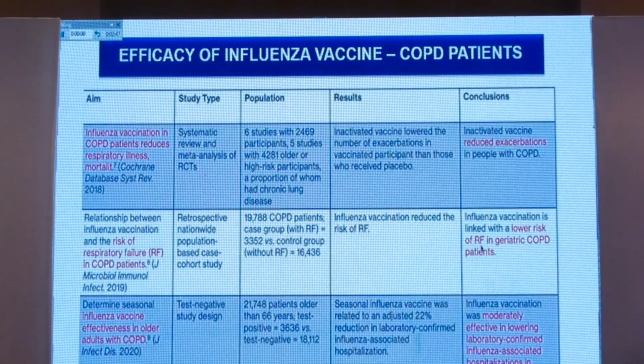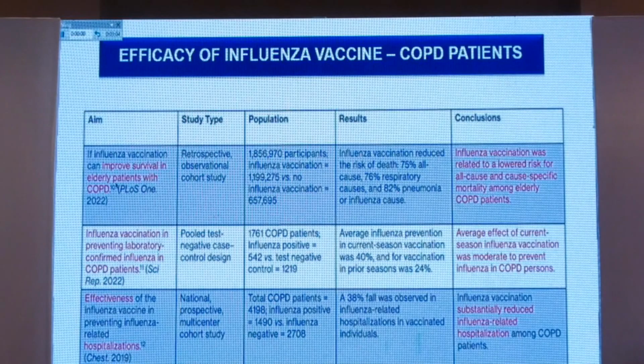Just to summarize the impact of vaccination upon different COPD patients first, as you can see from these summaries, after the vaccination there are reduced exacerbations and a low risk of respiratory failure in chronic COPD patients. Similarly, the vaccination was associated with a reduction in all-cause and cause-specific mortality, as well as a 38% fall in the number of cases diagnosed with influenza.